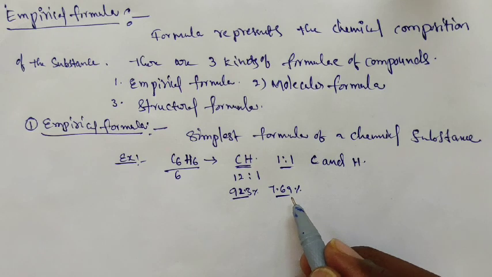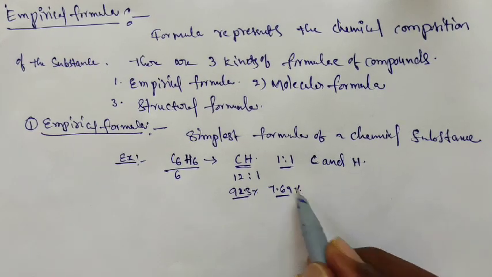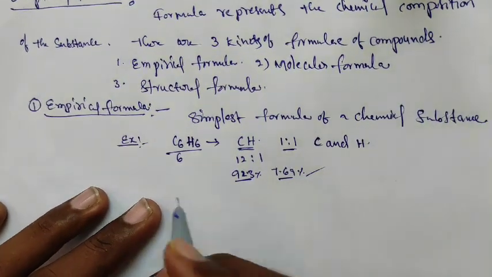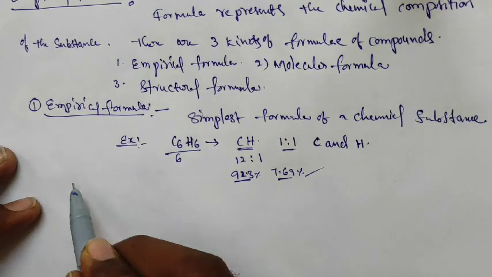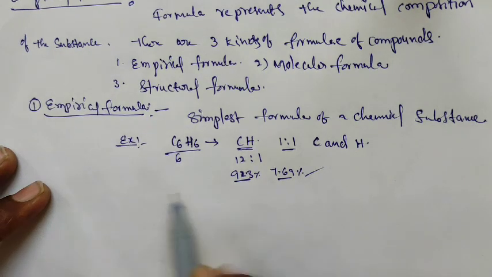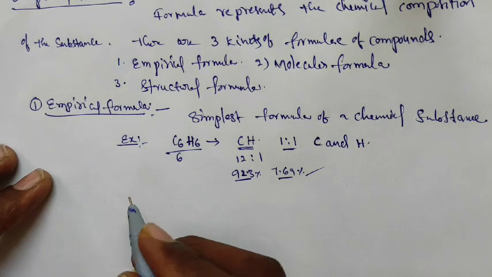Empirical formula can be determined from the mass percentages of the various elements present in a compound. For example, the weight percentage of each constituent element is taken. First point, the weight percentage of each constituent element is taken.